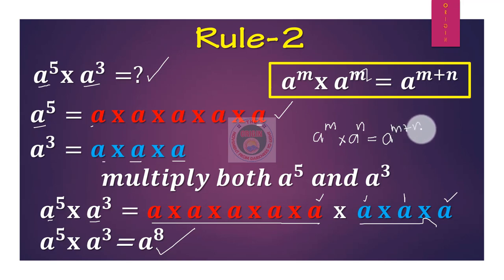Observe the formula: the bases are equal. Here the base is a and here also the base is a. Two bases are equal. In this case, you should add the powers. Here the power is m, here the power is n. So the bases are equal, then I write a here, and add the two powers, m plus n. That is the second rule.